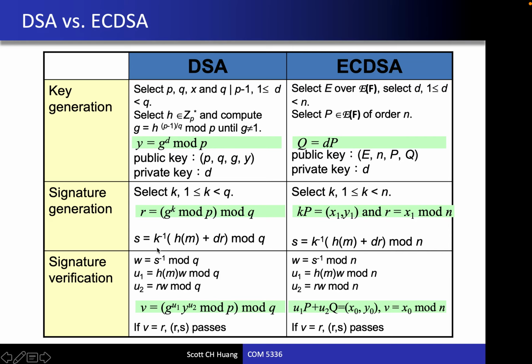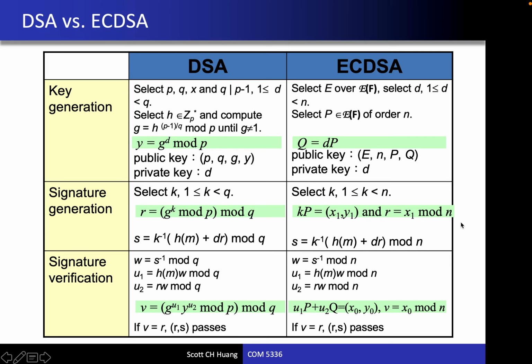Everything else is pretty similar. So s is k inverse times (h(m) plus d r), mod q; we simply change mod q to mod n. And for signature verification, anything that's mod q we change to mod n. If it's a point mod p mod q, then we drop the y coordinate and mod n.